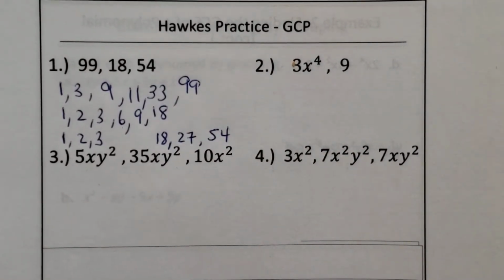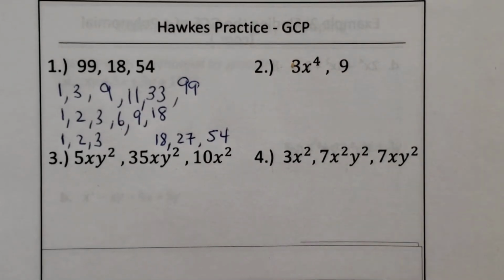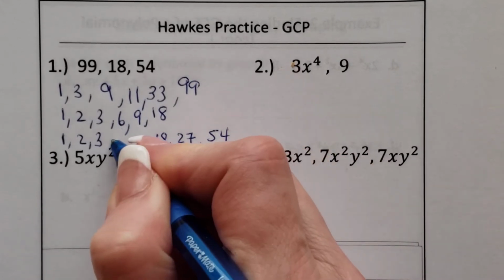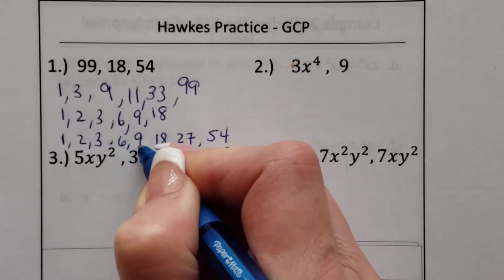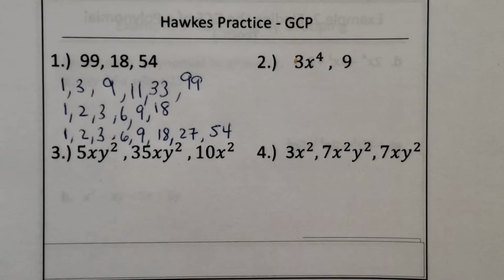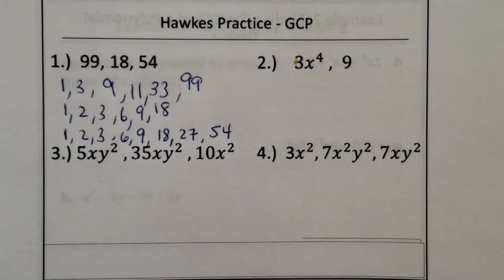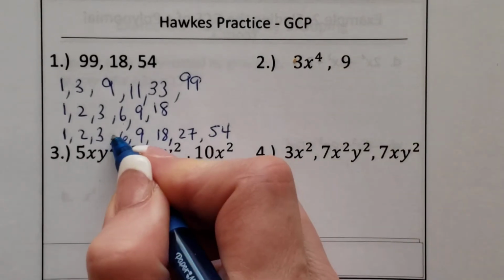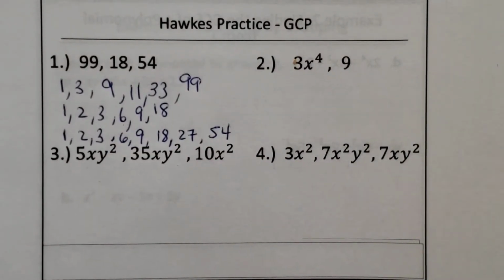Is 4, nope. Is 5, nope. Is 6, yep, 6 and 9. Did I get them all? If you're not sure, use your calculator. I think I got them all.